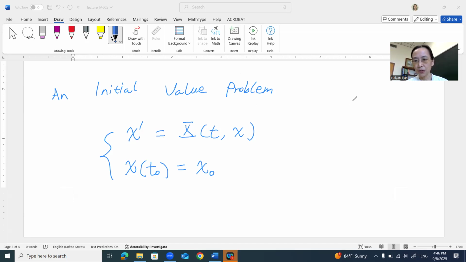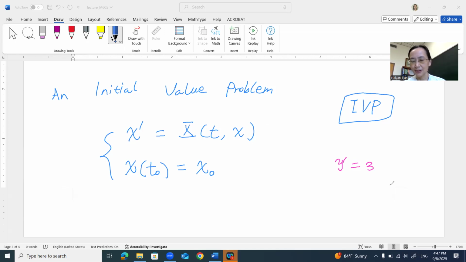IVP is the abbreviation for this kind of problems. So let's just try a single equation. Suppose I have one single equation involving an unknown function y. Y derivative is equal to the right-hand side, let's say 3.